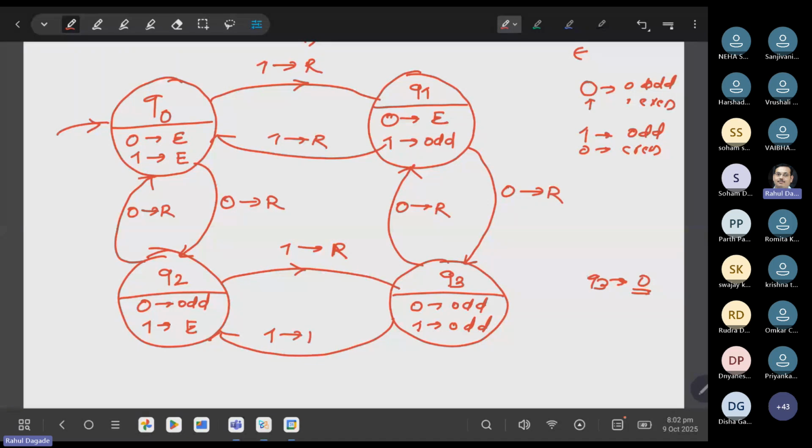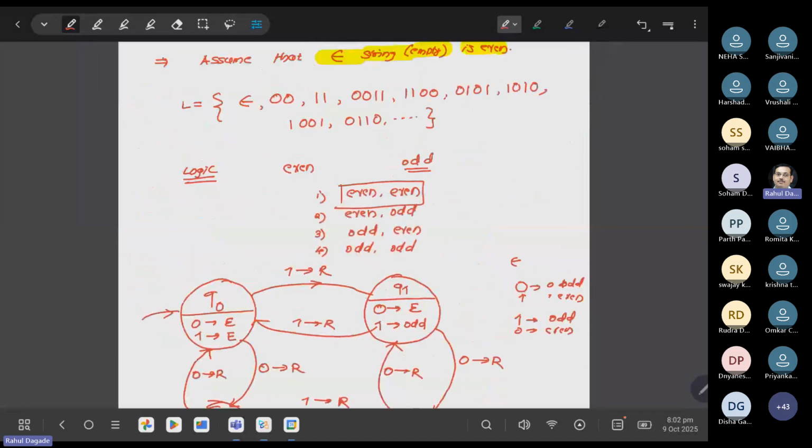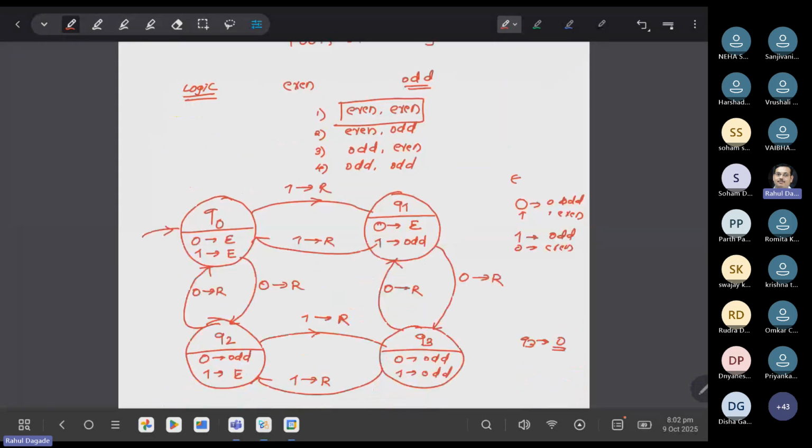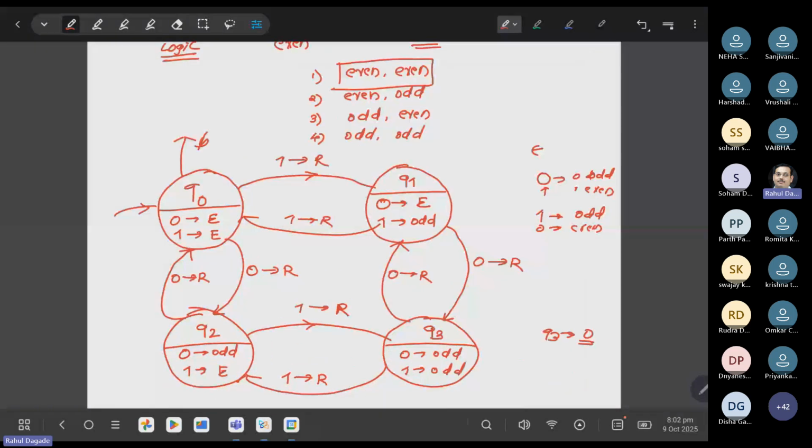Now what will be the accepting state? The accepting state is that our string should have zeros even and ones even. That means if in the Q0 state I get a blank, then I will come to the halt accept state. Because in Q0 we have even zeros and even ones, and after that the string is finished, it means accepted. And in the remaining states, if the string ends, then we will come to the reject state.